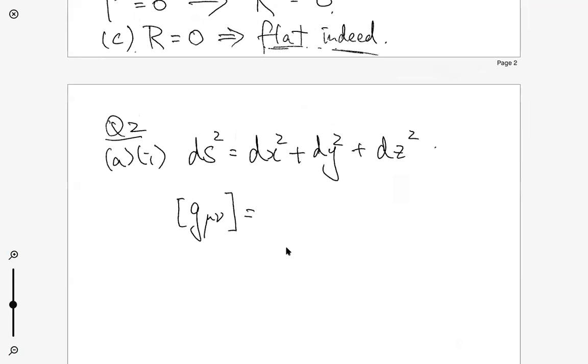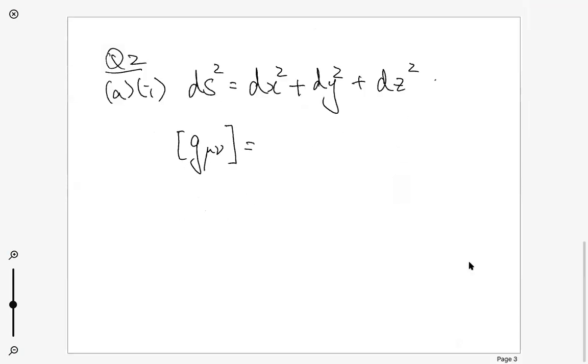You mean L or 1? Identity matrix. Yes, very good. It's nothing but this matrix here, right? Okay, very good.